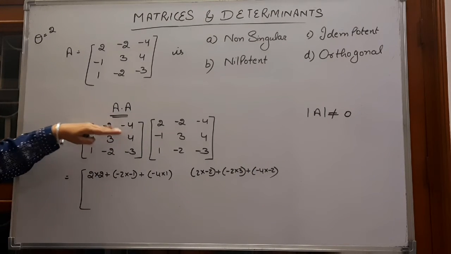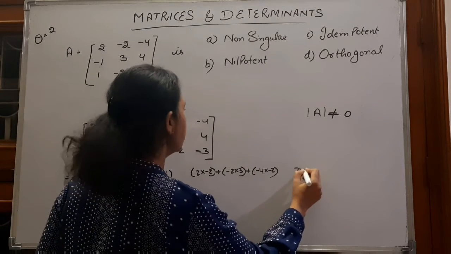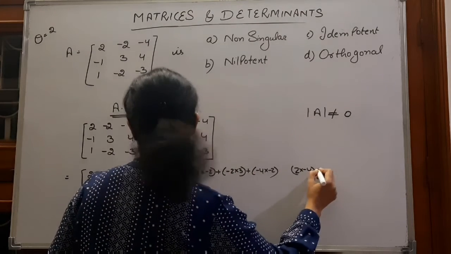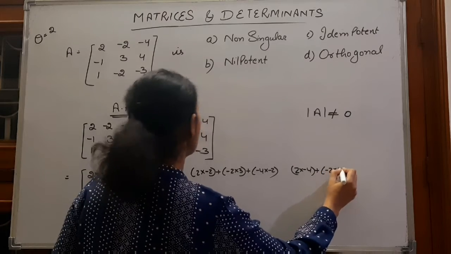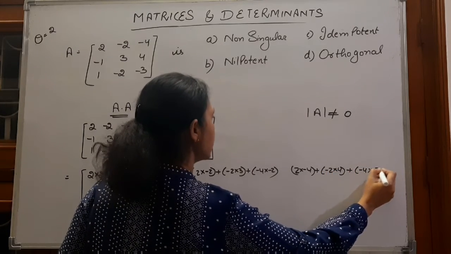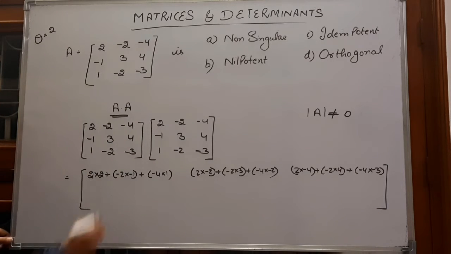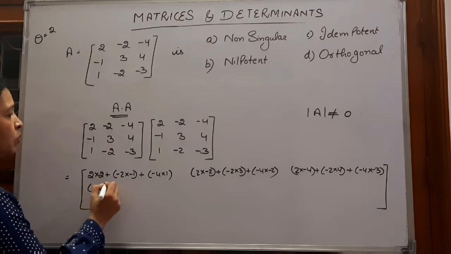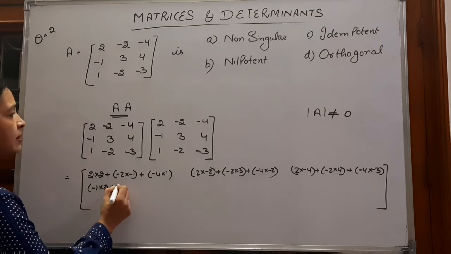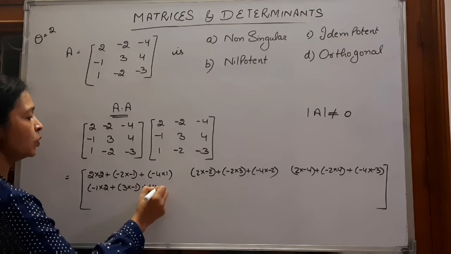Again, first row, third column: 2 into minus 4 plus minus 2 into 4 plus minus 4 into minus 3. Second row, first column: minus 1 into 2 plus 3 into minus 1 plus 4 into 1.